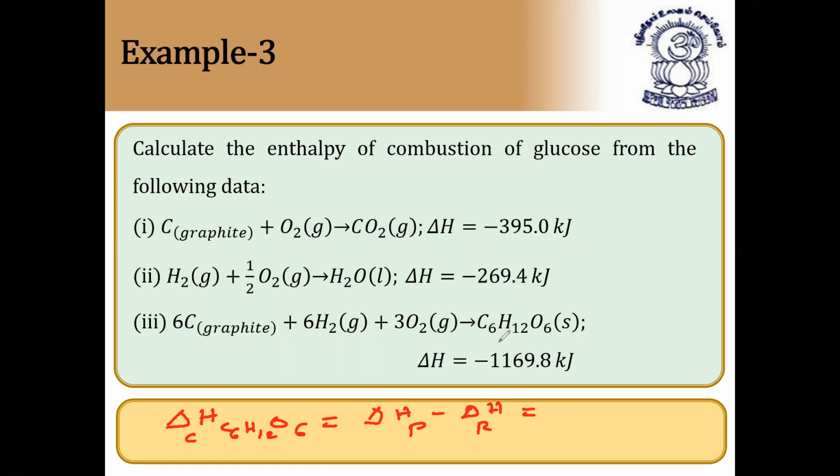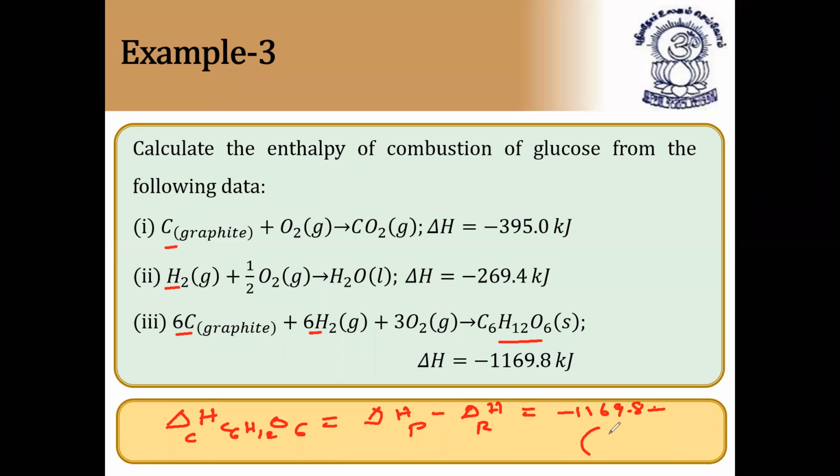For products it is 1 mole of glucose, so it is nothing but minus 1169.8, plus minus the enthalpy of formation of reactants. In reactants we have 6 moles of carbon and 6 moles of hydrogen. We have 1 mole of carbon, 1 mole of hydrogen.